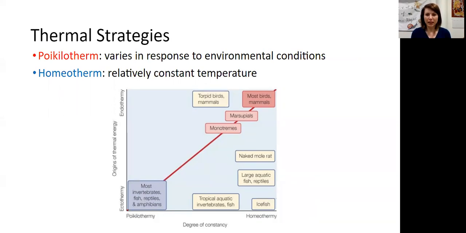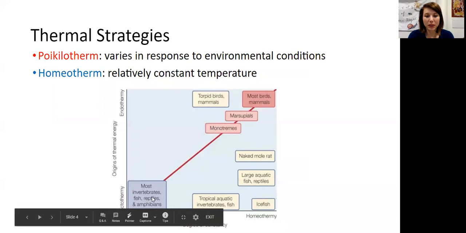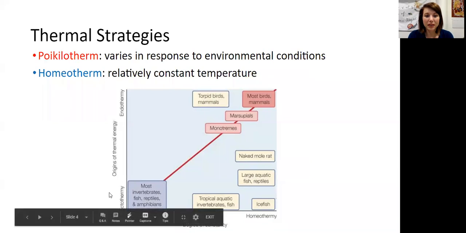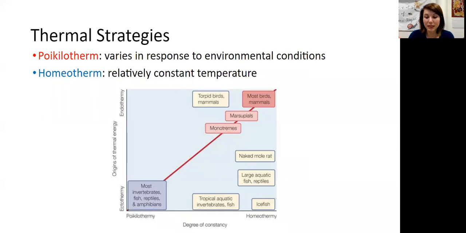So then looking at the animals on this graph, you can see that we have invertebrates, fish, reptiles, and amphibians. Those tend to be poikilotherms, and they also tend to be ectotherms. This makes sense. The environment is not going to stay completely constant all the time.